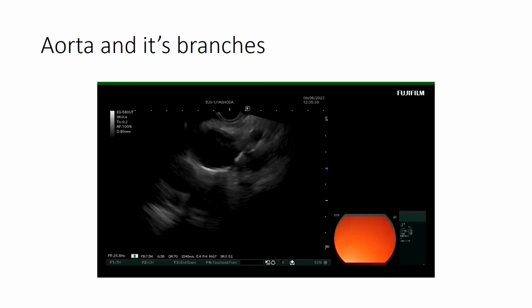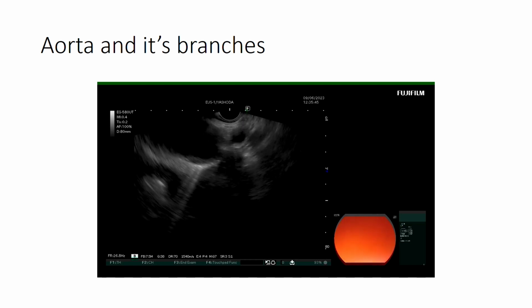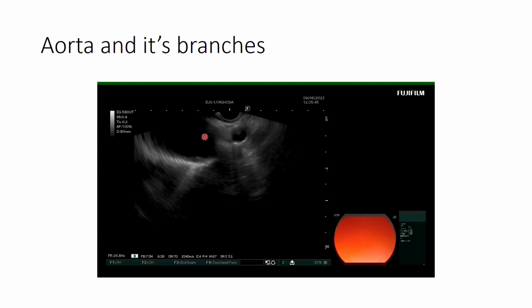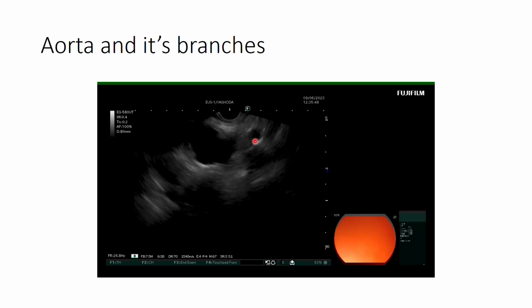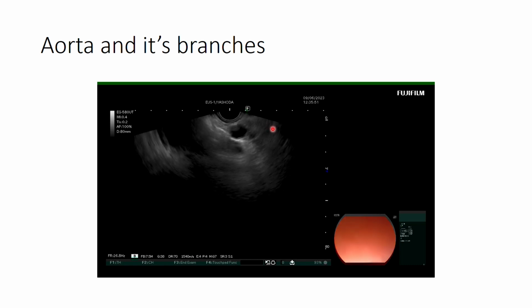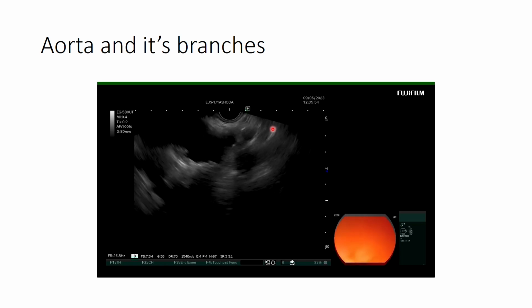So this is the aortic arch dividing into the left subclavian artery, and we can trace the left subclavian artery for the superior mediastinal lymph nodal stations.